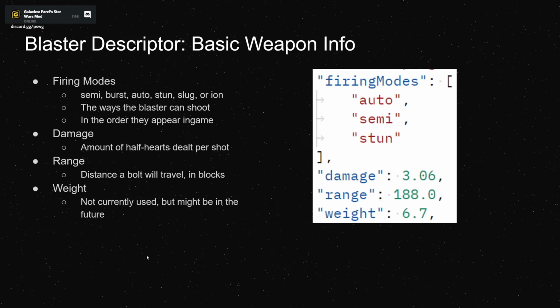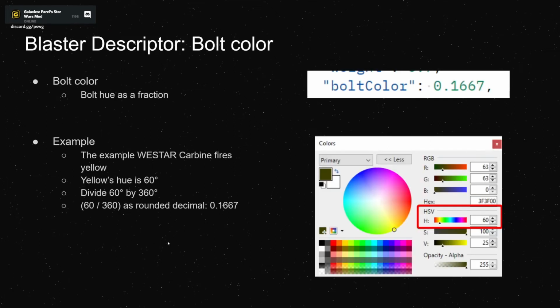Weight isn't currently used, but do set it to something sensible because we might be using that field in the future. It does not have a unit; it's just relative to other weapons. Zero would be no weight, and this weapon uses 6.7. I suppose that's sort of arbitrary.